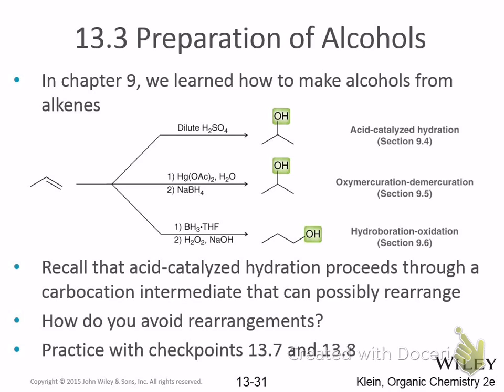One that's good is this one if you don't have to worry about rearrangement. Dilute sulfuric acid and alkene, right? It's a hydration reaction. Add water, and you can form an alcohol. But if you have to worry about rearrangement, then this oxymercuration-demercuration reaction is what we use.